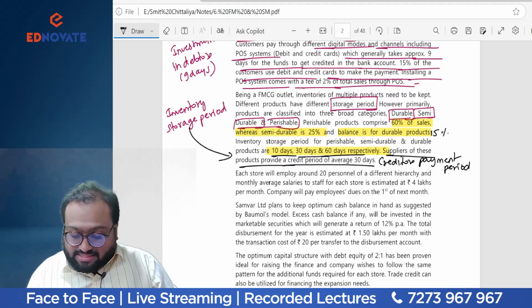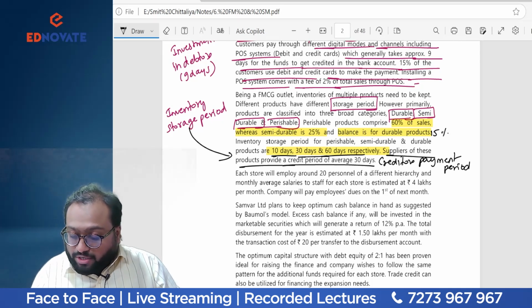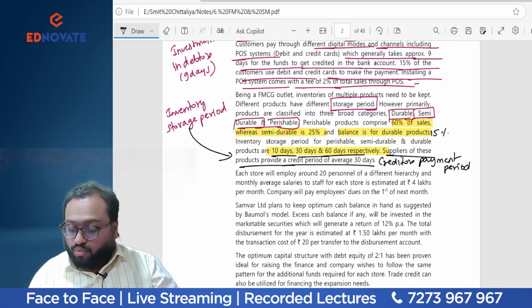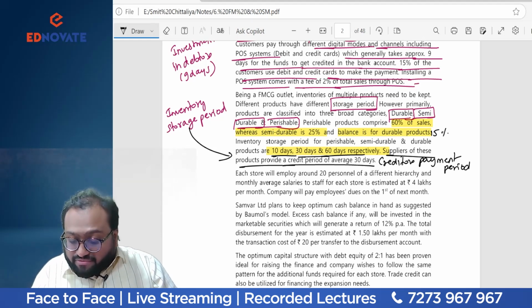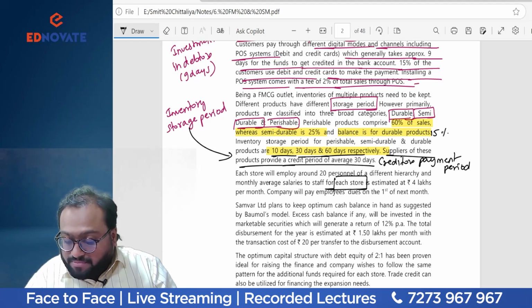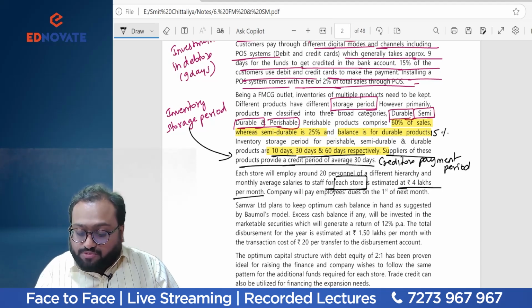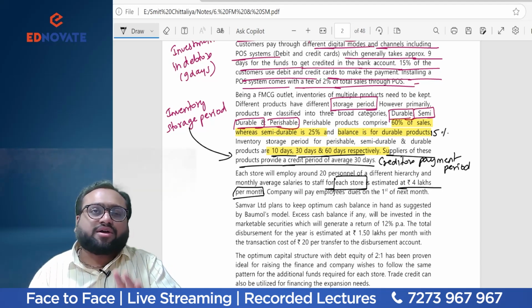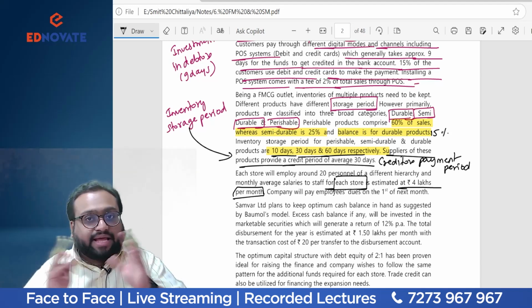Now what is next? Each store will employ 20 personnel, of different hierarchy. Of course, staff is required. And the monthly average salary to staff of each store, see the words properly, is estimated to be 4 lakhs per month. So one store will cost a salary of 4 lakhs per month for the entire store.